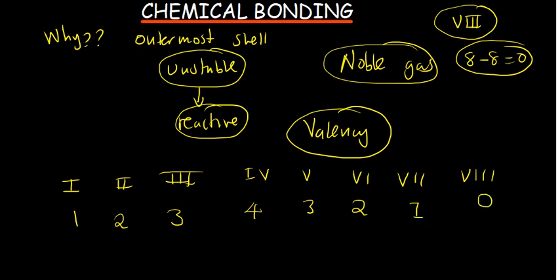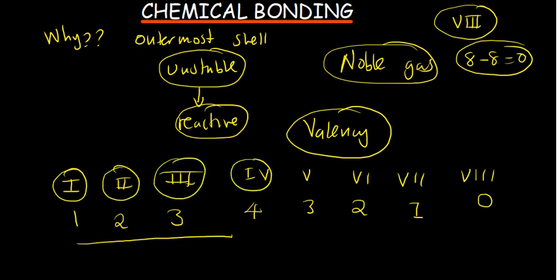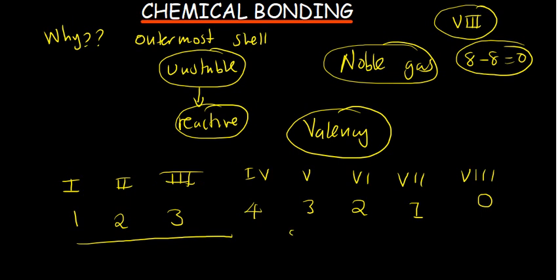As you are going like this, you are just going to get the valency. But when you reach group 5, to find the valency, you are going to remove from 8. So it is going to be 8 minus the group number: this is group 5, this is going to be 8 minus 6, this is going to be 8 minus 7. That is how we find this. Now, the number of electrons in the outermost shell is called the valence electrons.